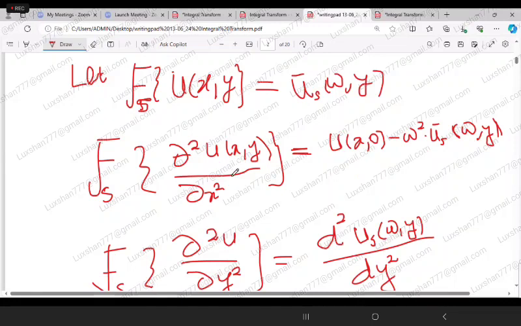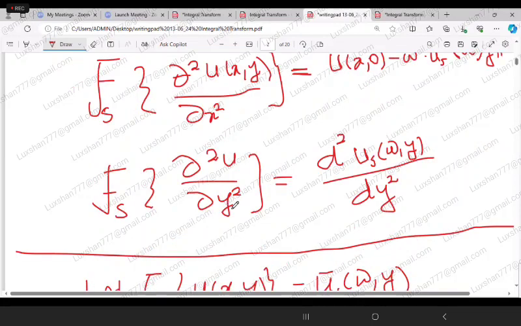So for the second derivative, it is u(x, 0) minus ω² u bar s. That means the Fourier sine transform of ∂²u/∂x².